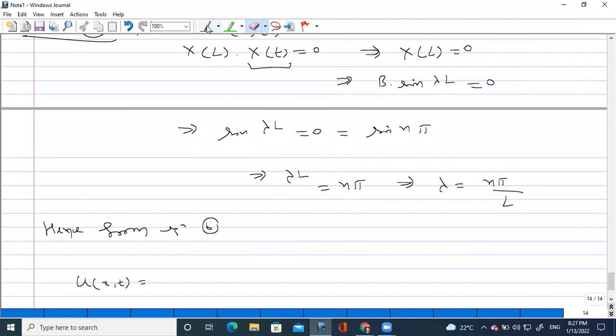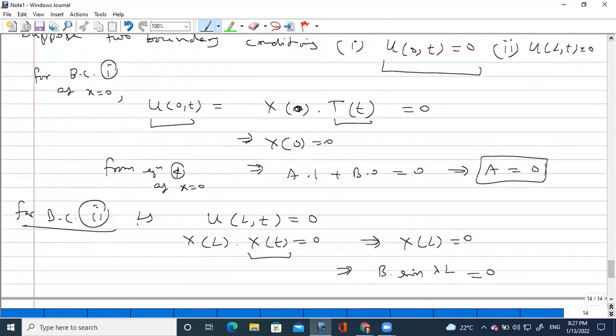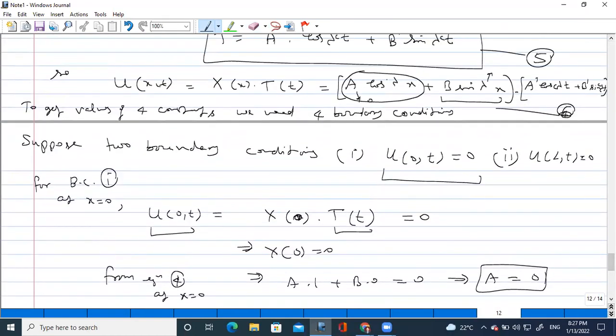So now from equation 6, this will be A cos, sorry, check here. Here this term is totally 0. So it will be remaining B sine. In place of lambda, I will write n pi by L into x. Okay.